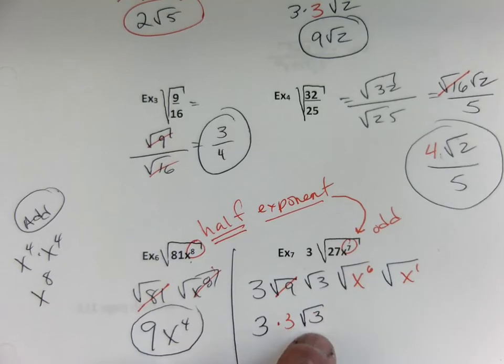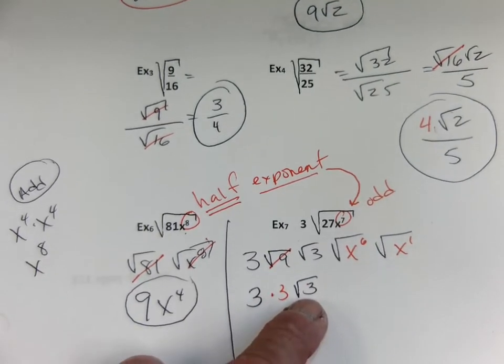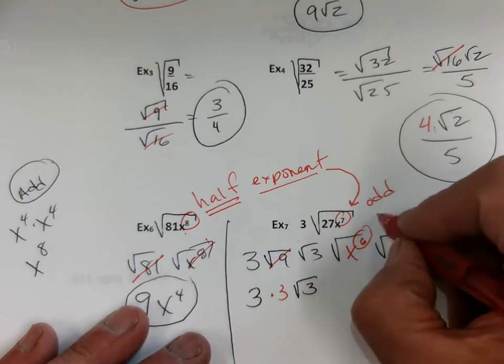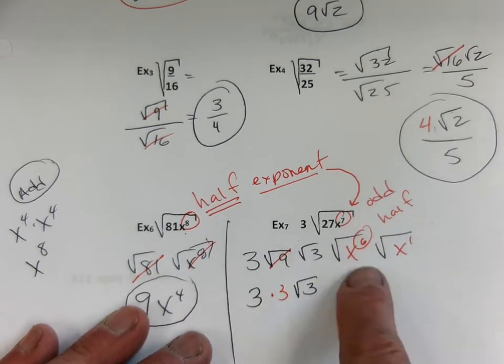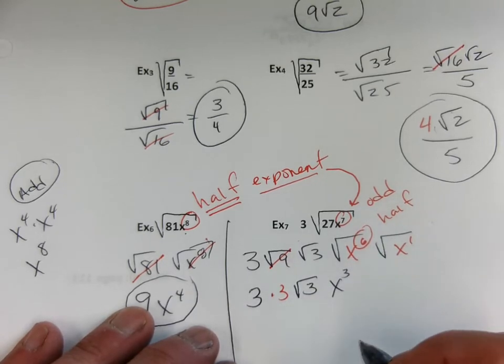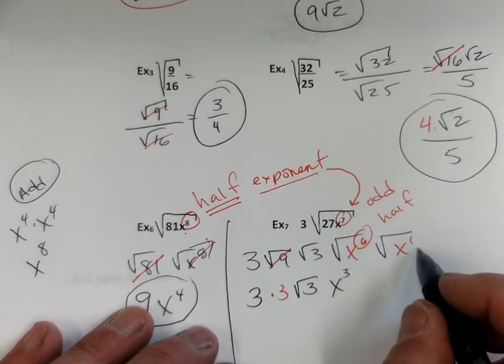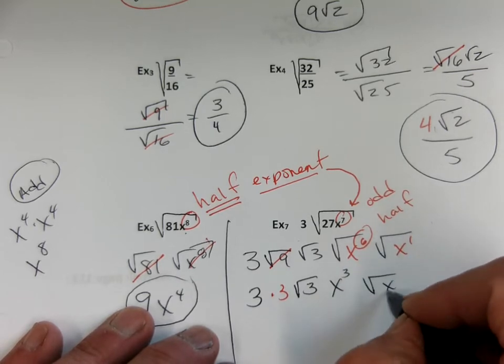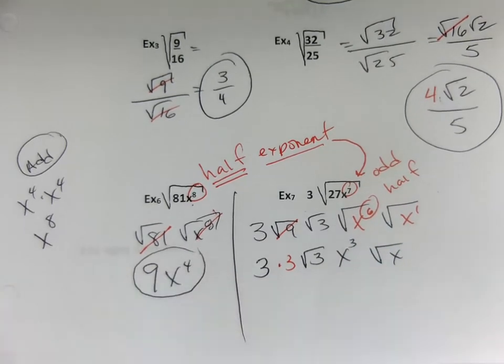So I'm just going to leave it as square root of 3. Better answer. Now I'm going to take half of that. If I take half of x to the 6th, I get x to the 3rd. And then this square root of x, I can't take half of it, so I just leave it as the square root of x.